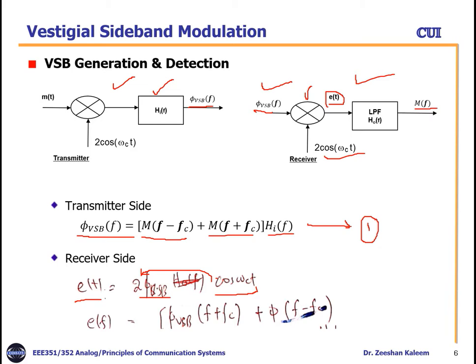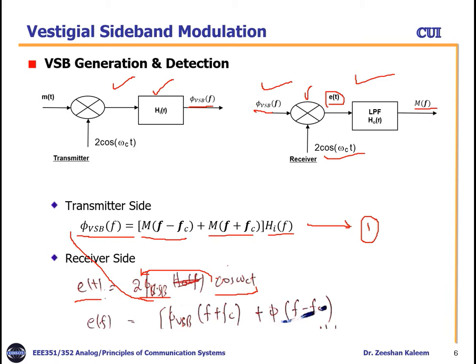φVSB(f) looks like M(f − fc) + M(f + fc), H(f). So let's put this into this value, right? So it becomes φVSB(f + fc) and φVSB(f − fc). Why?